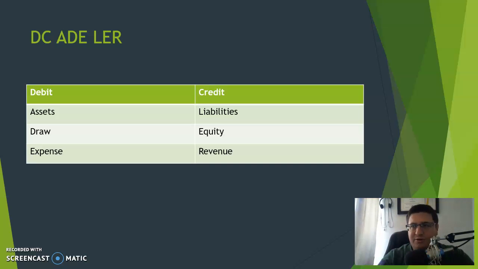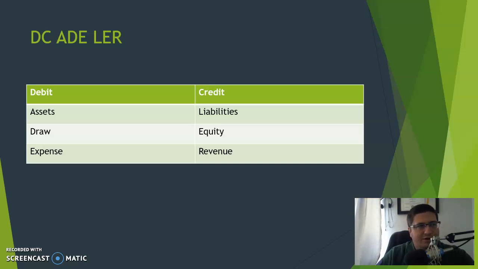This is the typical transaction that's going to happen to these accounts. So assets always going to be a debit. Draw is almost always going to be a debit. Expense is almost always going to be a debit. Liabilities will always be a credit. Equity will always be a credit. Revenue will always be a credit. Now, don't limit yourself to that, and don't limit to just this list. I mean, there's lots of ways transactions can happen, but this is typical. This is pretty much fixed.